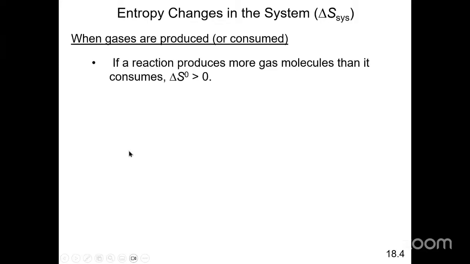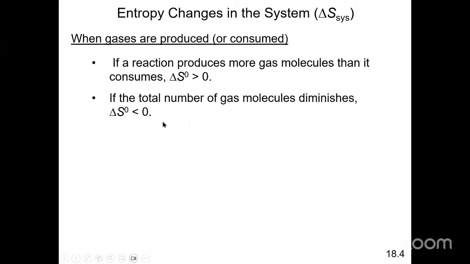Basically, if you have a reaction where gases are produced or consumed, and the reaction produces more gas molecules than it consumes, then delta S will be positive. So if you compare both sides of the equation and you have more gas molecules on the right side compared to the left side, then you can conclude that delta S is positive without doing any calculations, all right?